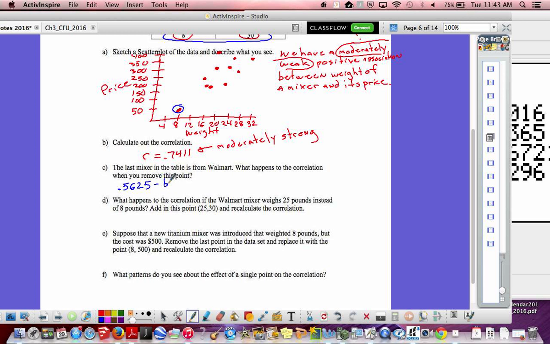Okay, so by removing this one point, we go from a moderately strong association to a moderately weak association.